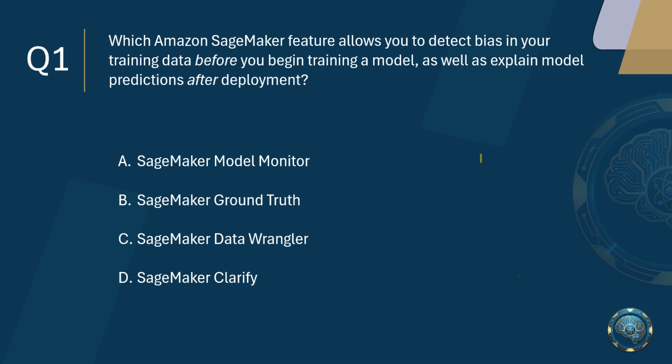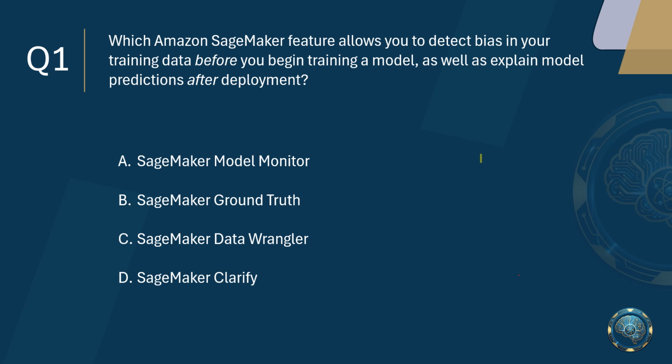Question number 1. Which Amazon SageMaker feature allows you to detect bias in your training data before you begin training a model, as well as explain model prediction after deployment? We have four options. Option A, Model Monitor.